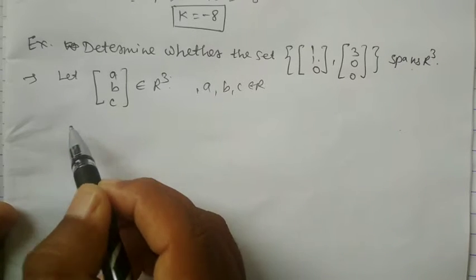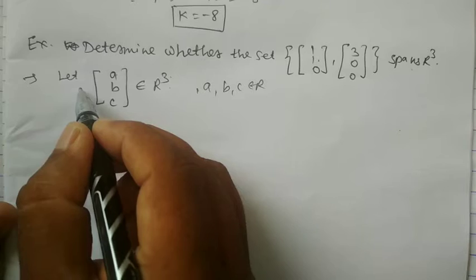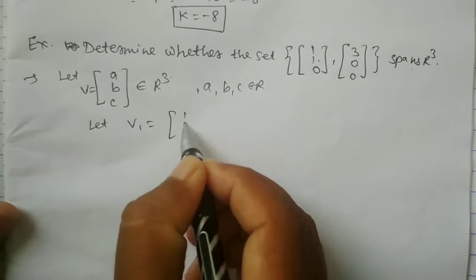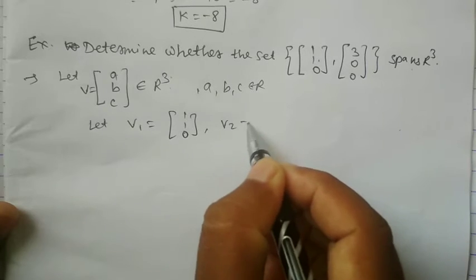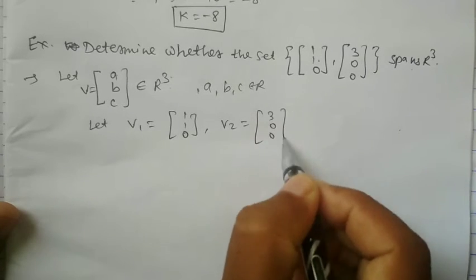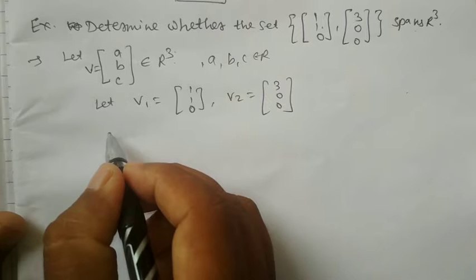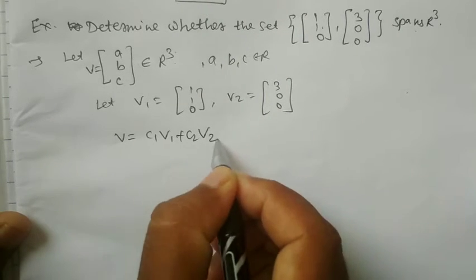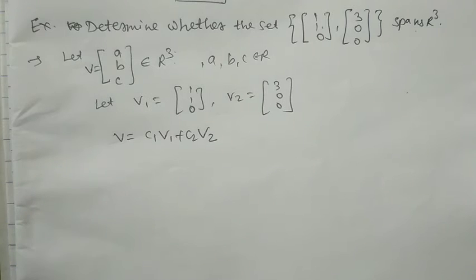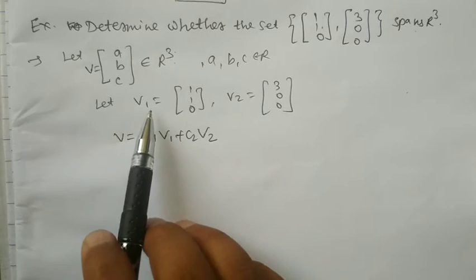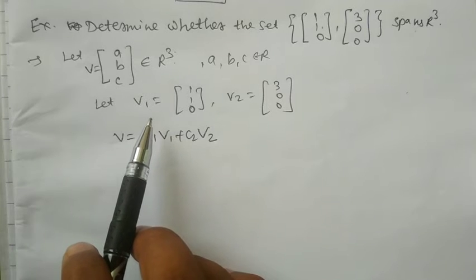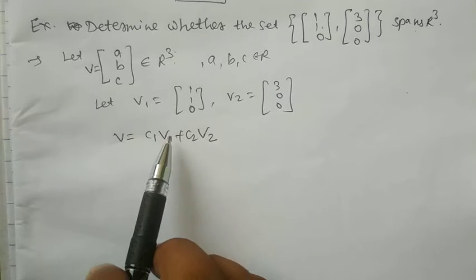Suppose this is a vector V, and let V1 be the vector 1 1 0, and V2 be the vector 3 0 0. Then write the linear combination V equals C1 V1 plus C2 V2. We have to check whether V can be written as a linear combination of V1 and V2.